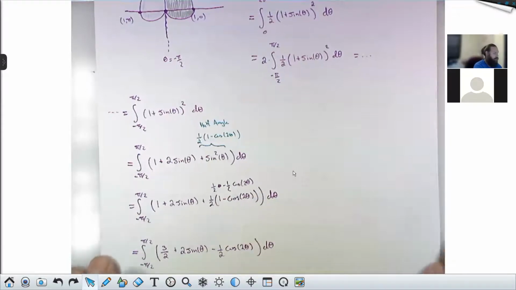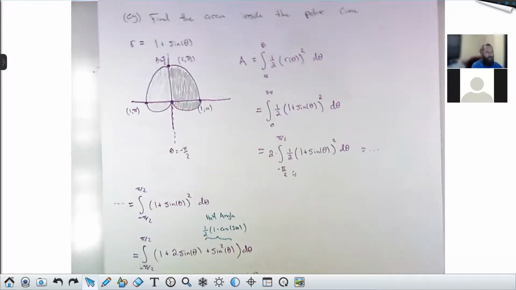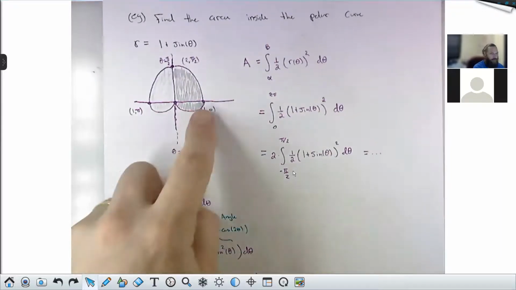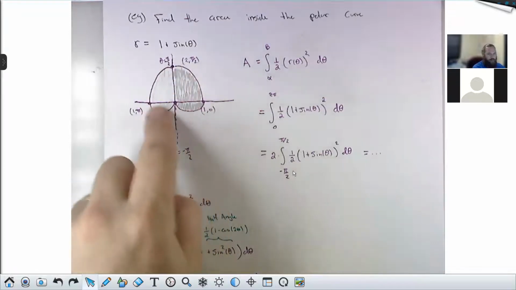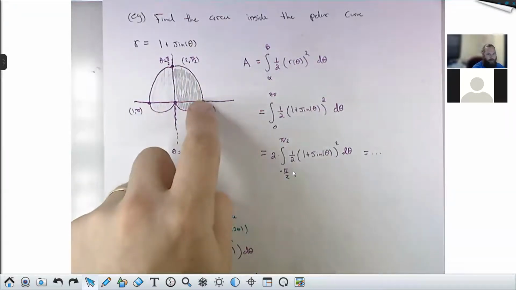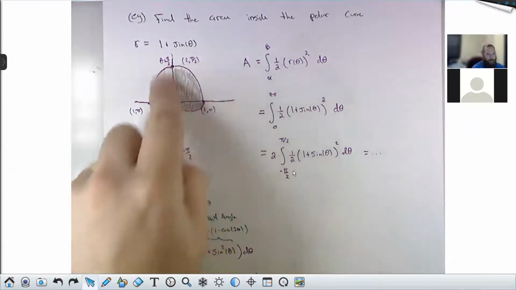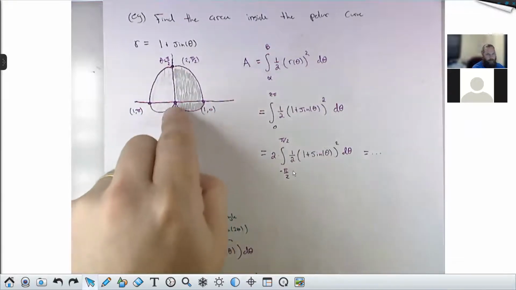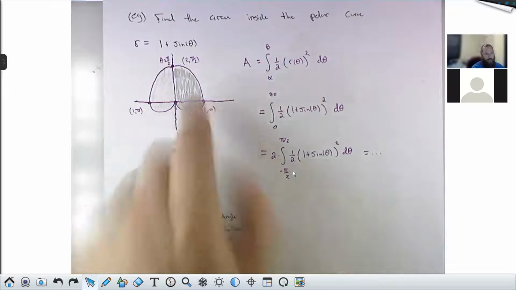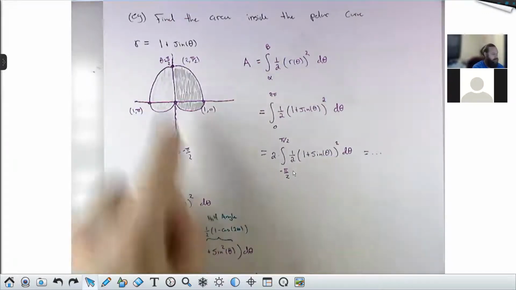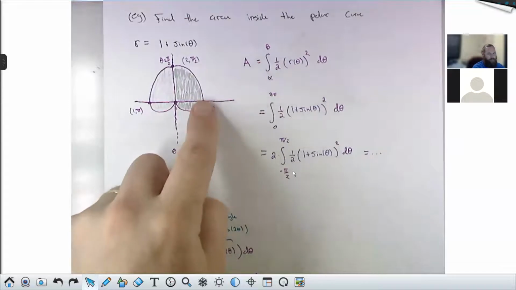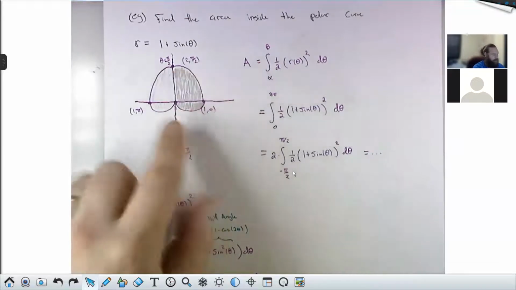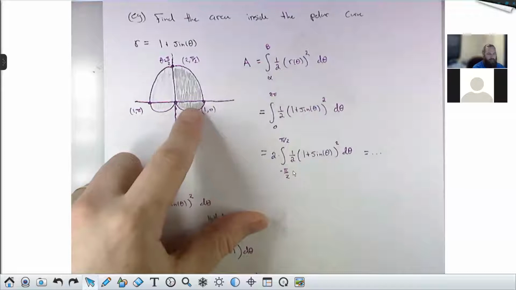So I'm choosing, rather than to integrate from 0 to 2 pi, which would be going around like this, starting at 0, integrating all the way around to 2 pi. What I'm deciding to do instead is to just calculate the area of the piece on the right. Now, if I were to go from 0 to pi over 2, that would miss this bottom piece.